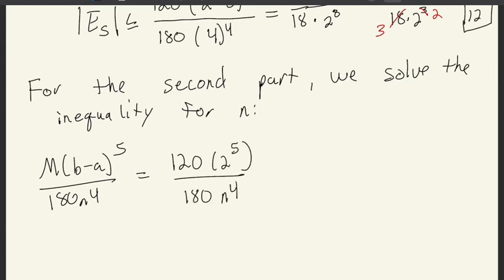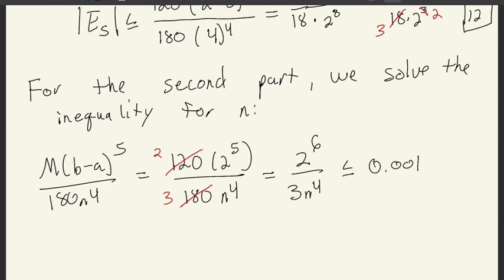That is 120 times 2 to the fifth divided by 180 n to the fourth, which is, as before, we can cancel the 120 and the 180 to just be 2/3.